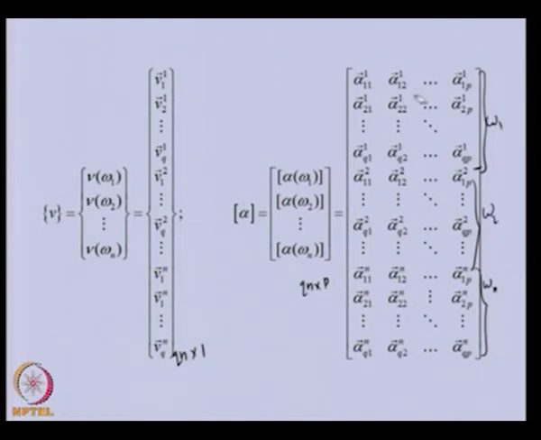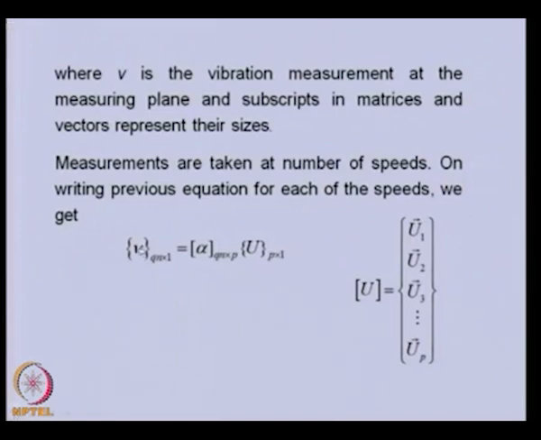So the size of these influence coefficients and the arrangement of these displacement vectors are now clear. Now you can see that we can write these equations for all such possible speeds of operation of the rotor speed.